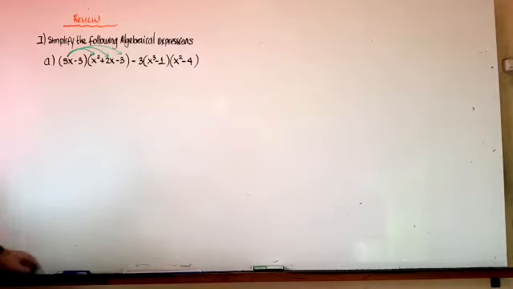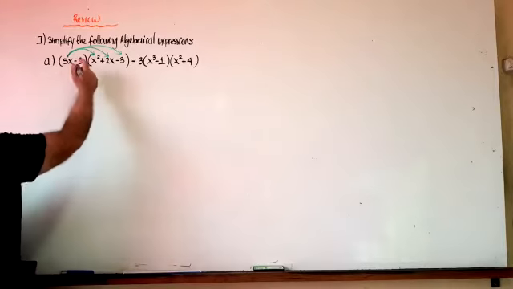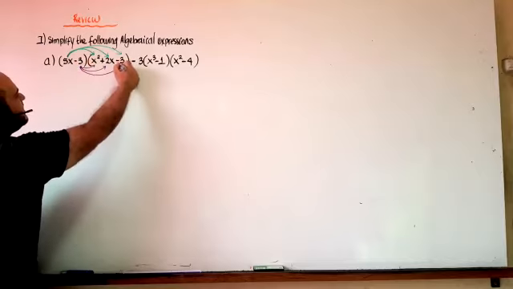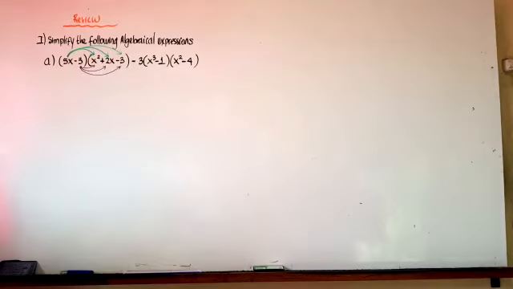After that, the negative 3 multiplied by x squared, 2x, and at the end, this negative 3 also. This is what we call distributive property.